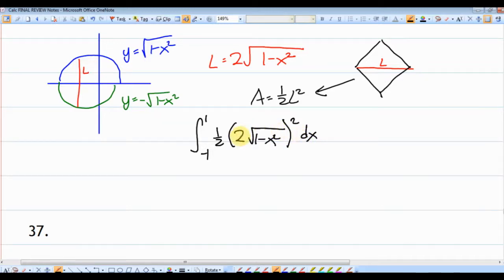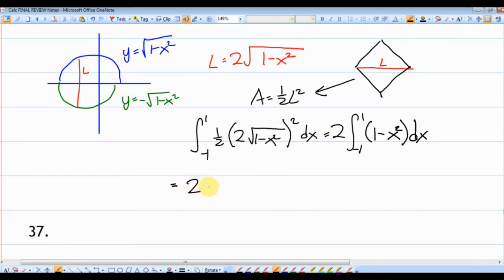Okay, 2 times 2 is 4. 4 times 1/2 is 2. So that's equal to 2 times the integral from -1 to 1 of 1 minus x squared dx. Again, you can make this easier because our base is symmetrical about the y-axis.